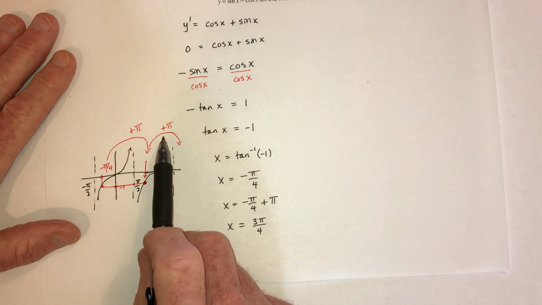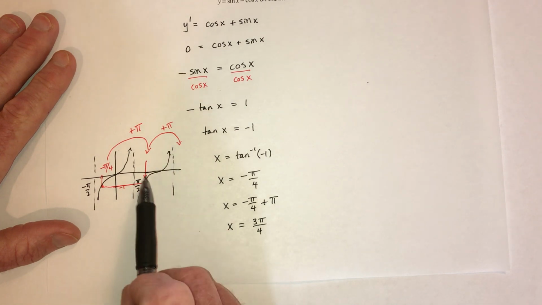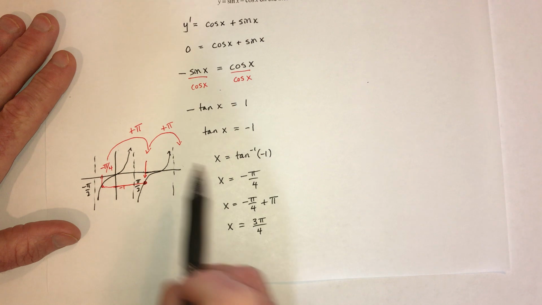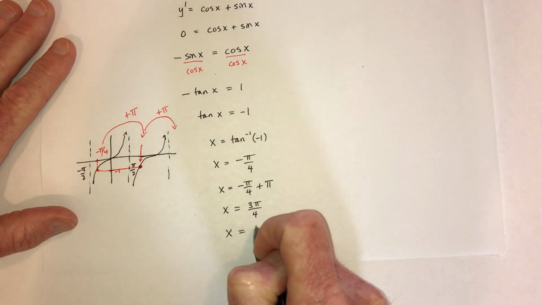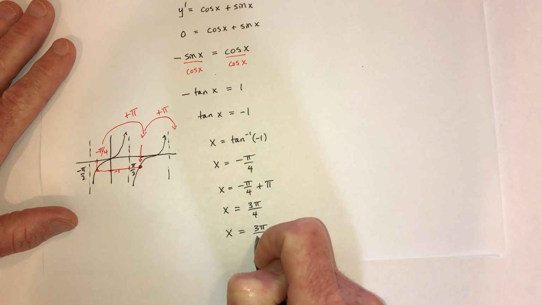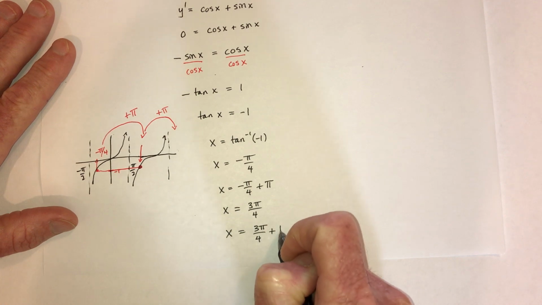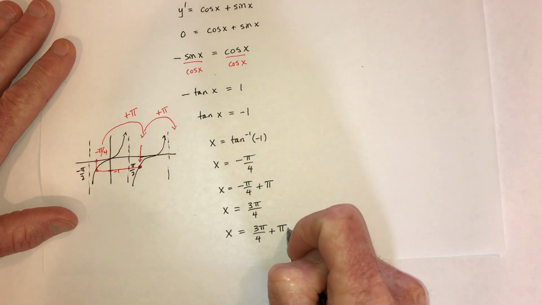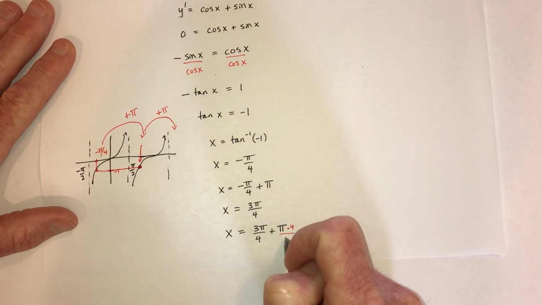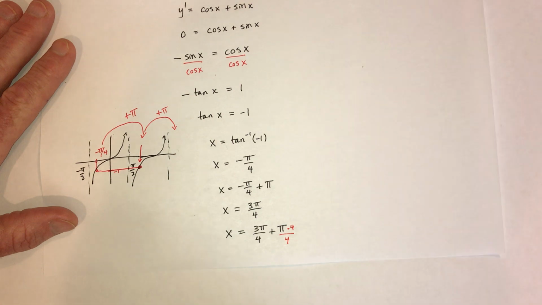Now, in order to get another solution, add pi again. So we found this solution. Now to find the next one, add pi again. So the next one is going to be 3/4 of a pi plus a whole pi. So you could get a common denominator by multiplying the top and bottom by 4.